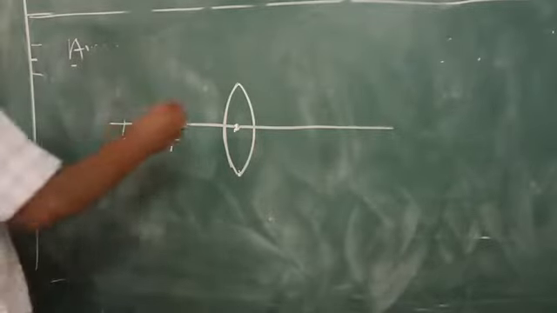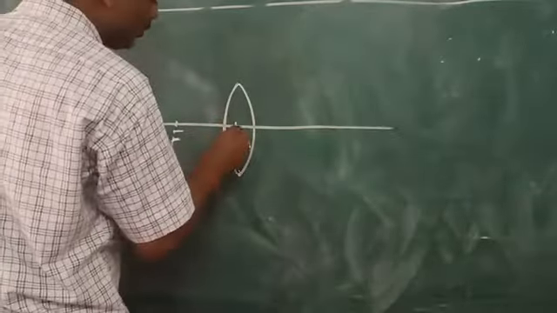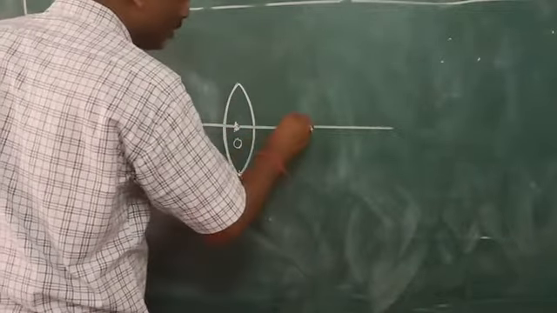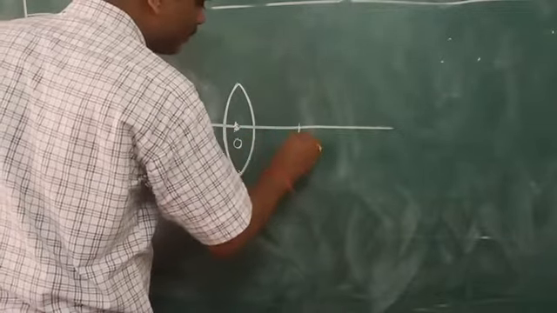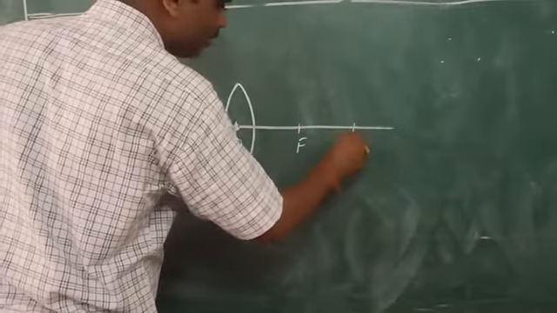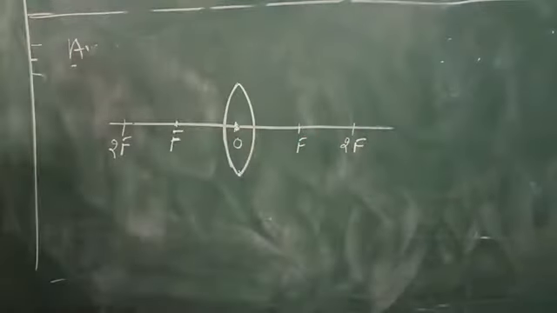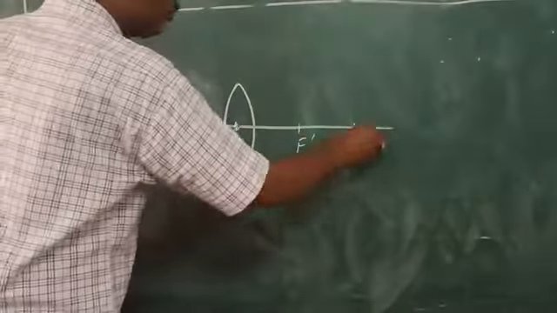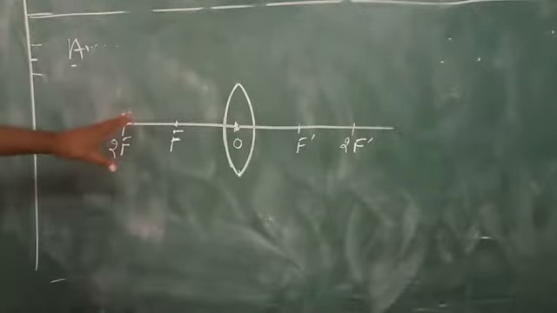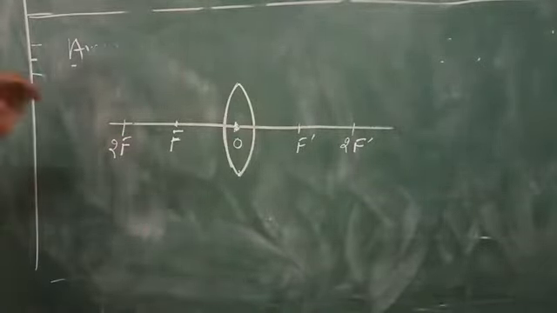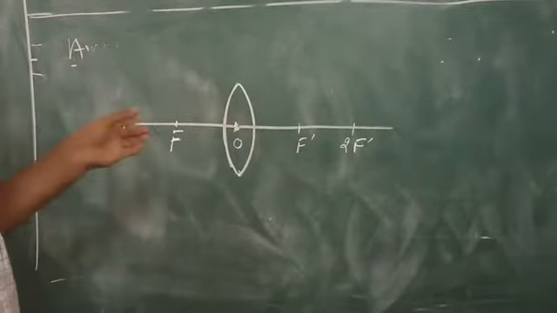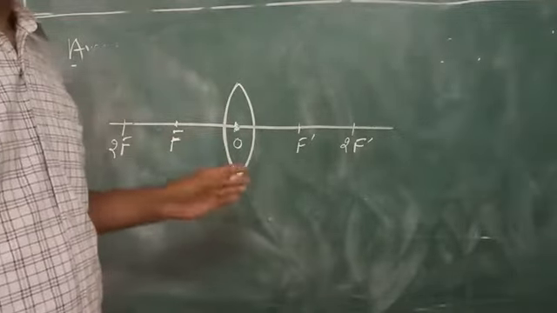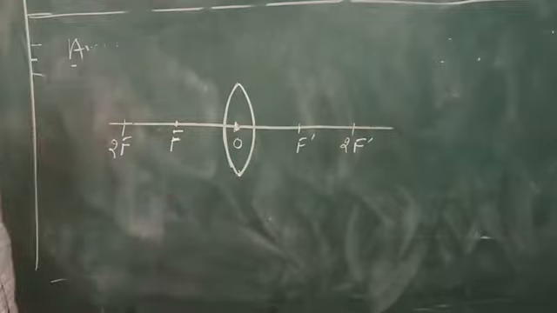The optical center is marked by O, and it's also F because it's transparent material, and this is F dash and 2F dash. So now we are seeing here, first we study the formation of image through a convex lens.